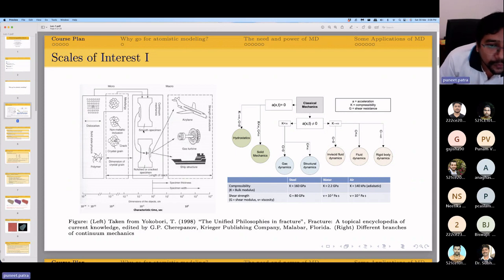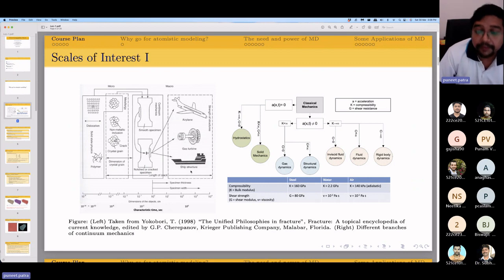For example, in the aeroplane, the gas turbine, or the ship structure, the major problem that we tend to look into is related to fracture.